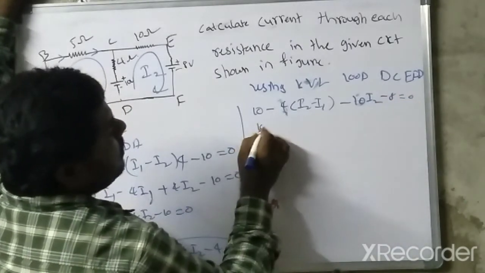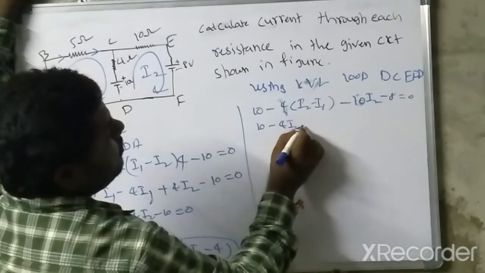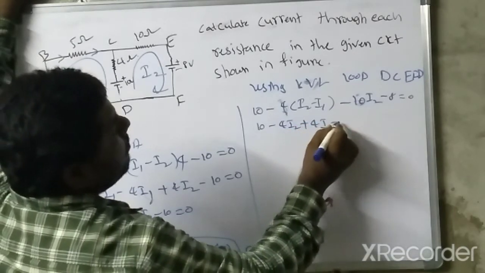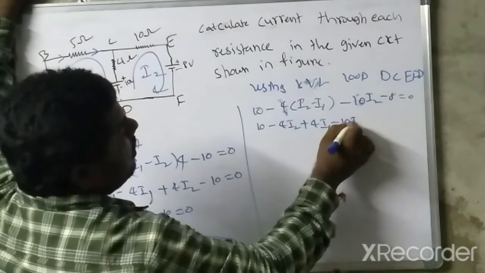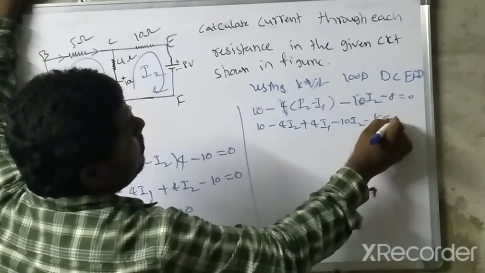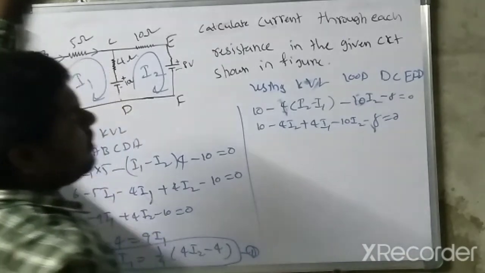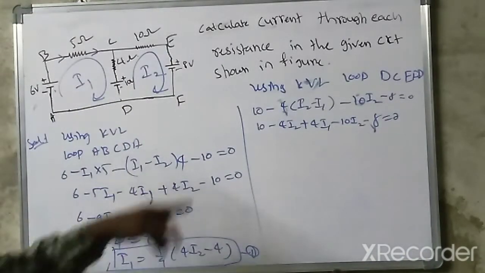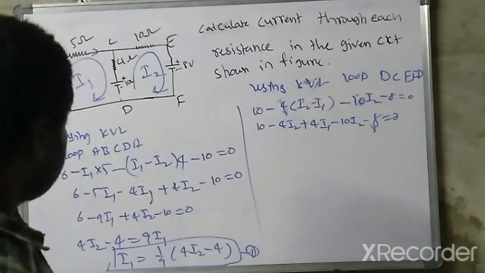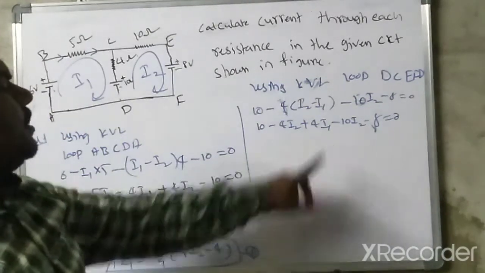So the 10 minus 4 I2 plus 4 I1 minus 10 I2 is equal to 0. Now substitute this I2 value and the I1 value here.